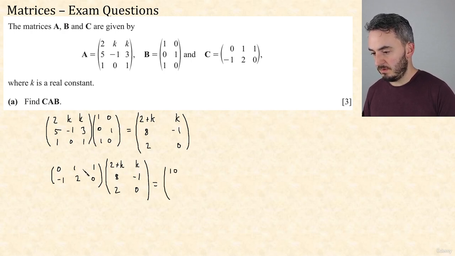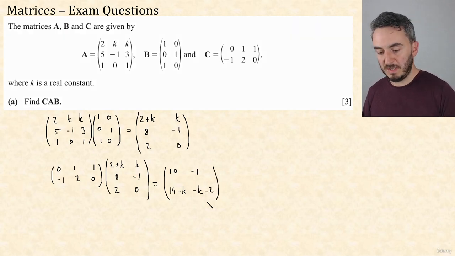Then 0 minus 1 plus 0, so minus 1. Then minus all of this stuff, so minus 2 minus k, plus 16 plus 0. So that's going to give me 14 minus k. And lastly, minus k minus 2 plus 0. So minus k minus 2. And there we go. There is CAB.